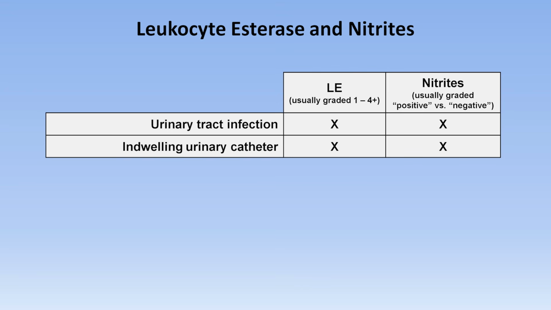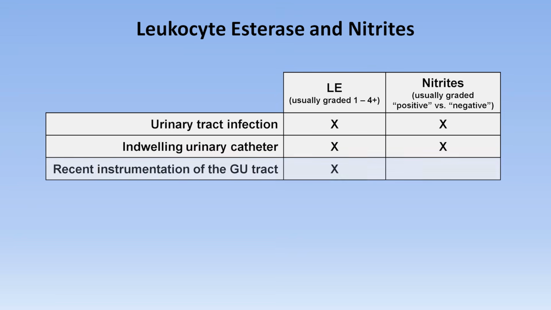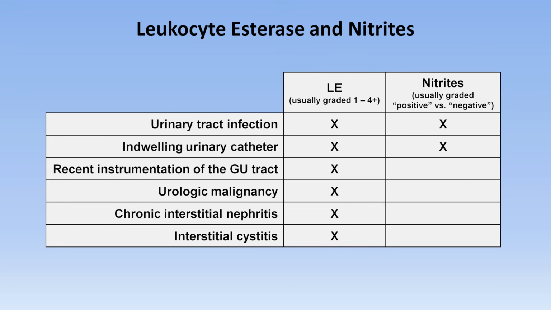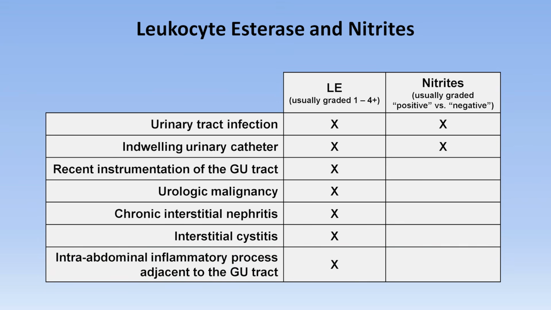However, only leukocyte esterase is typically seen post-instrumentation of the GU tract, in urologic malignancies, chronic interstitial nephritis, interstitial cystitis, and in an intra-abdominal inflammatory process that happens to be adjacent to the GU tract. This diagram does not hold up 100% of the time, but it's a good general guide.